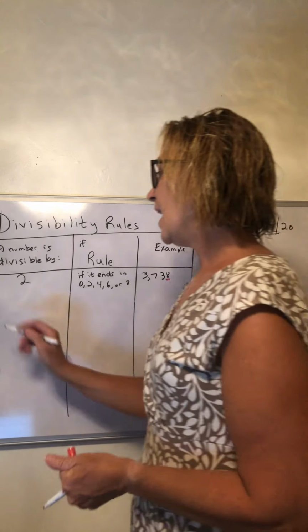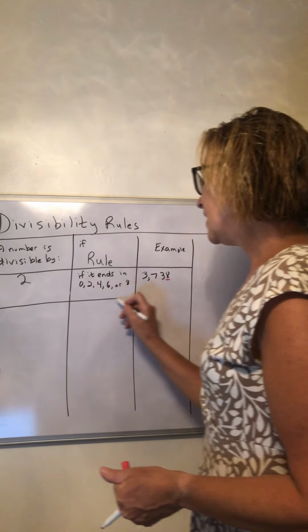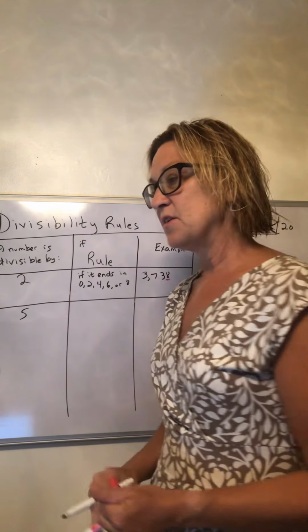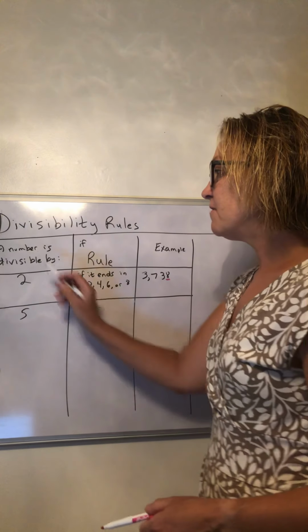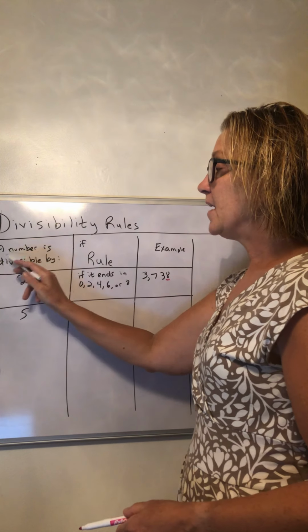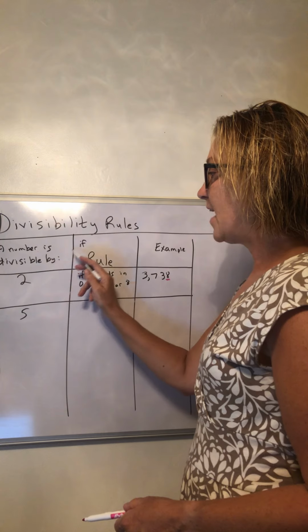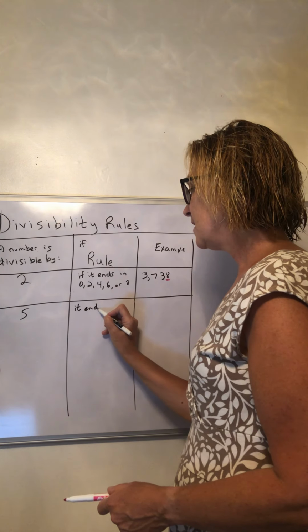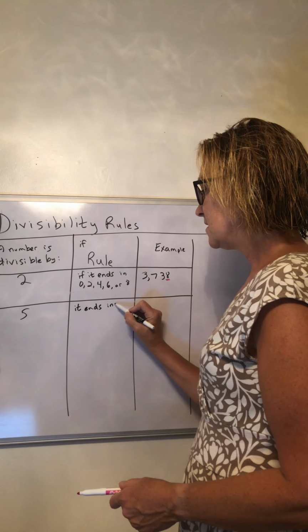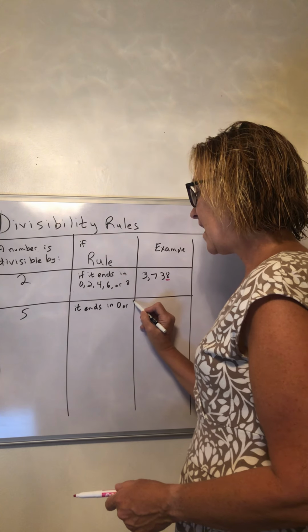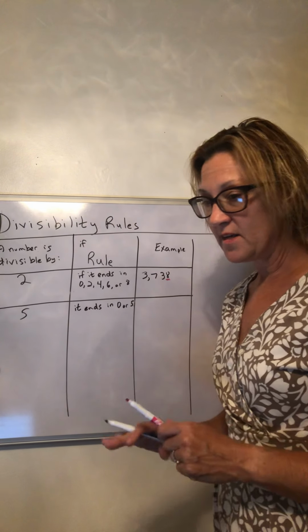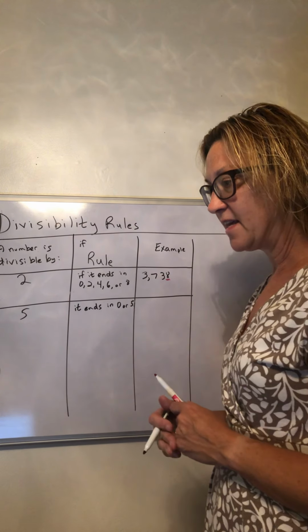Okay, the second rule of divisibility is the rule for the number 5. So this rule says a number is divisible by 5 if it ends in 0 or 5. So if I'm going too fast for you, go ahead and pause the video, stop, write things down.